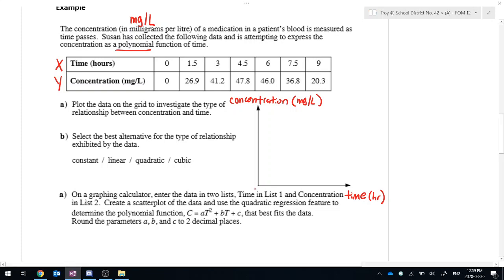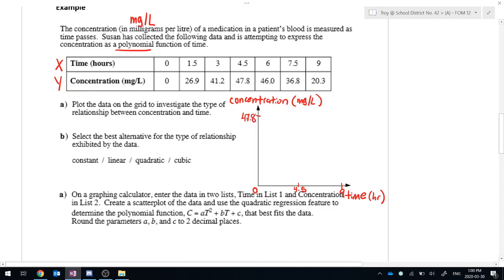So if my 0 is down here, it goes up to 9, and exactly halfway between 0 and 9 is 4.5. So I'll leave that as my graph for now. My y-axis goes from 0, and it looks like the highest value is 47.8. So I'll put that up there.